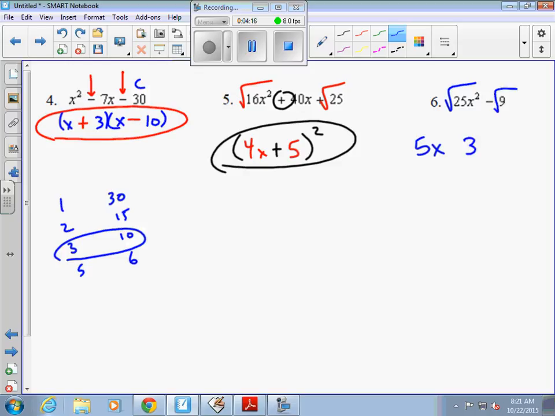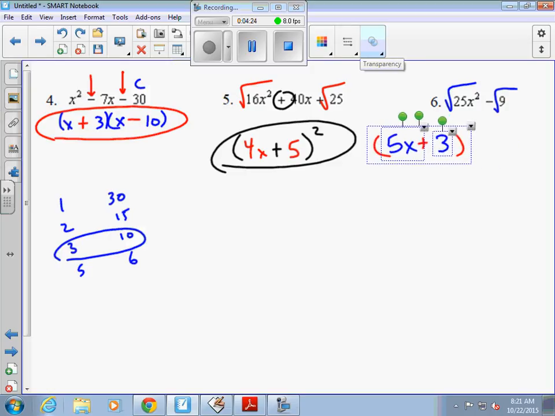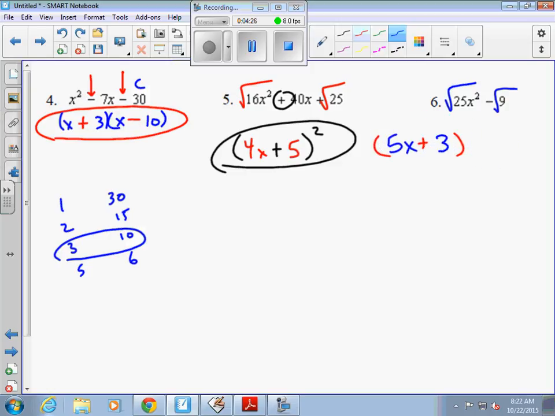Remember, when it's the difference of two perfect squares, it's 5x plus 3 and the same 5x minus 3. If you FOIL that back out, you get back to 25x squared minus 9. Those are two special circumstances. Perfect trinomials for number 5. The difference of two perfect squares for number 6.